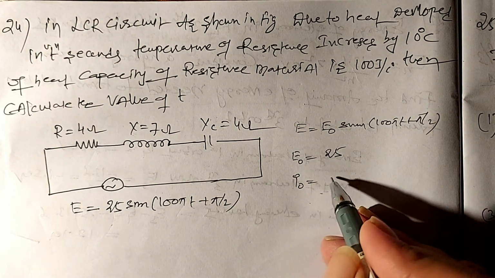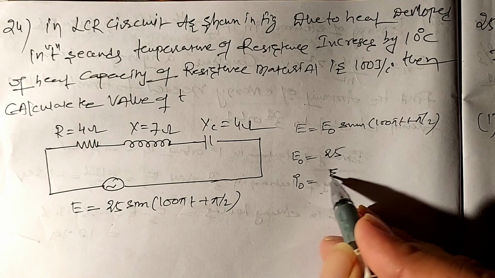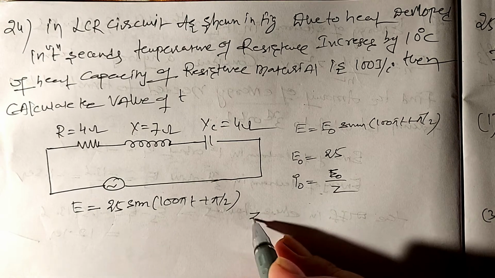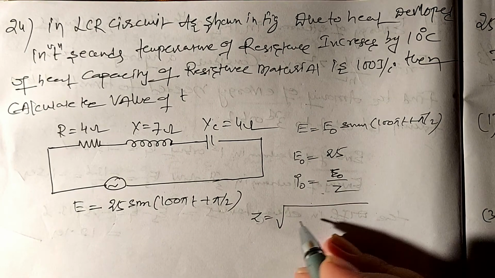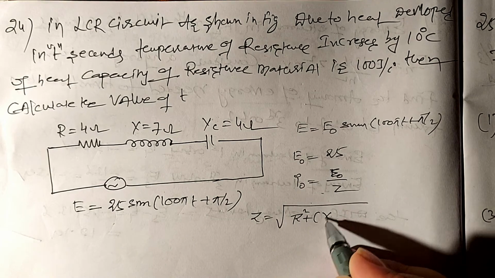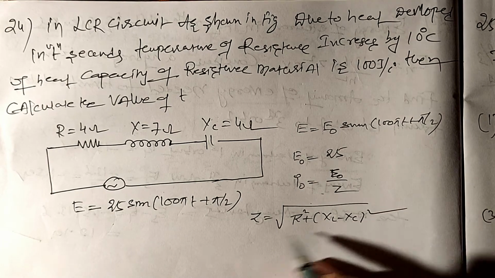I0 is equal to E0 by Z. So Z for the LCR circuit is square root of R square plus XL minus XC whole square.